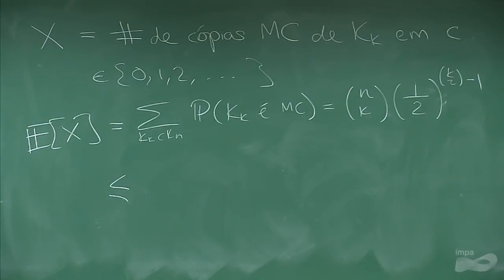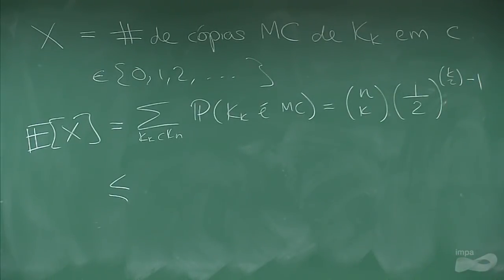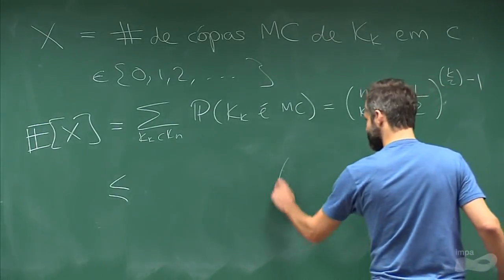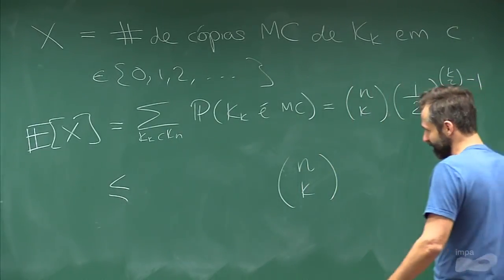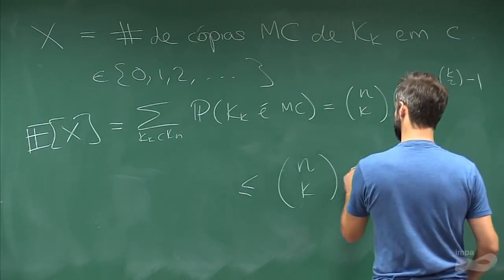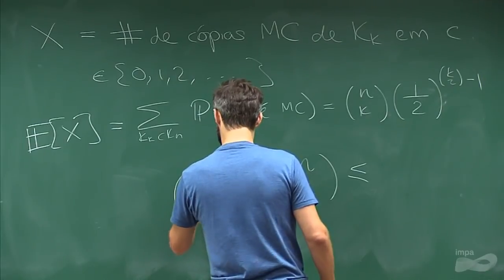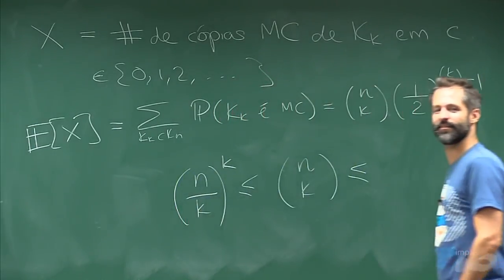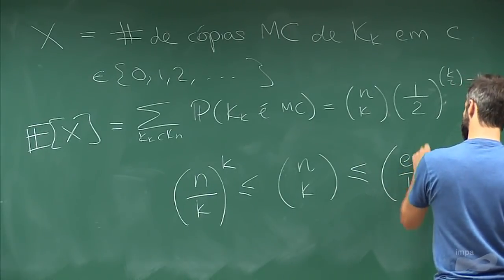So here's a trick that's useful: an upper bound for n choose k. Here are useful upper and lower bounds for n choose k. N choose k is at least n over k to the k, and it's at most e n over k to the k.